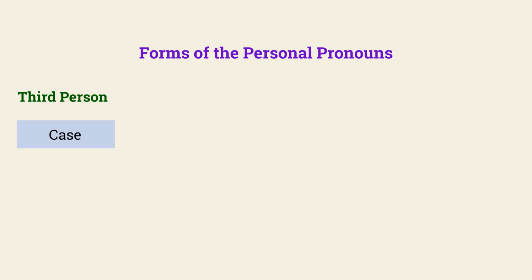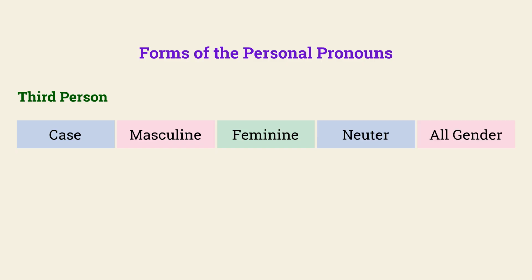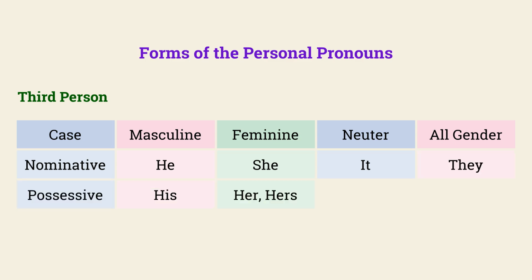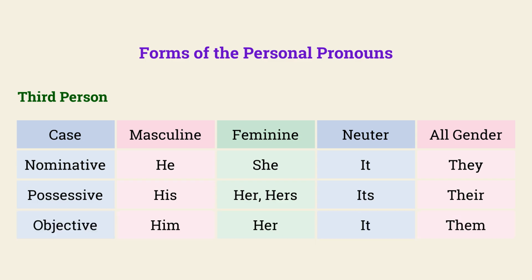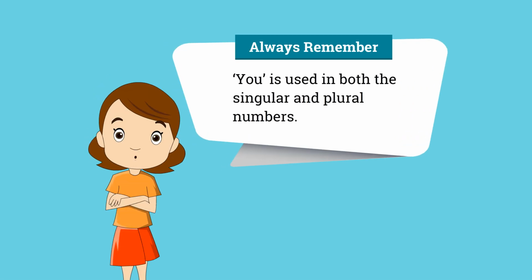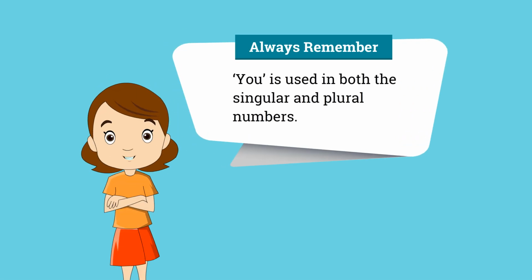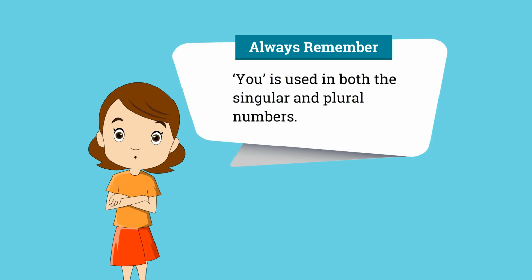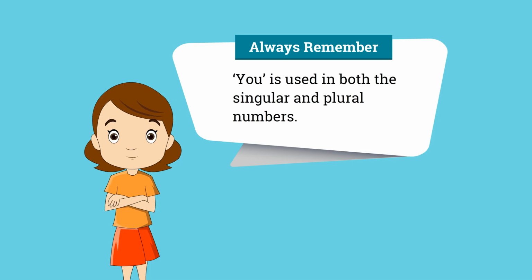Third person, case, masculine, feminine, neuter, all gender: nominative, he, she, it, they; possessive, his, her, hers, its, their; objective, him, her, it, them. Always remember, you is used in both the singular and plural numbers.